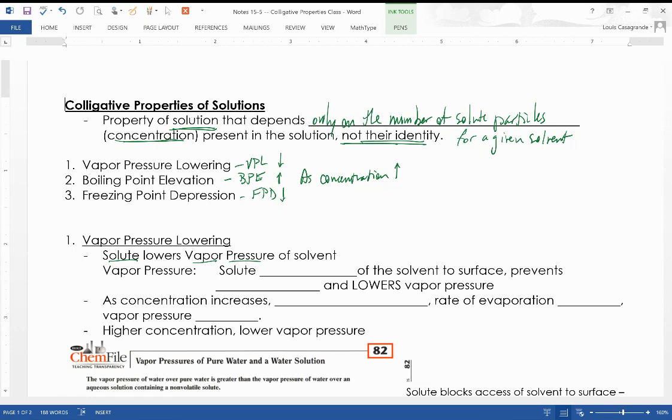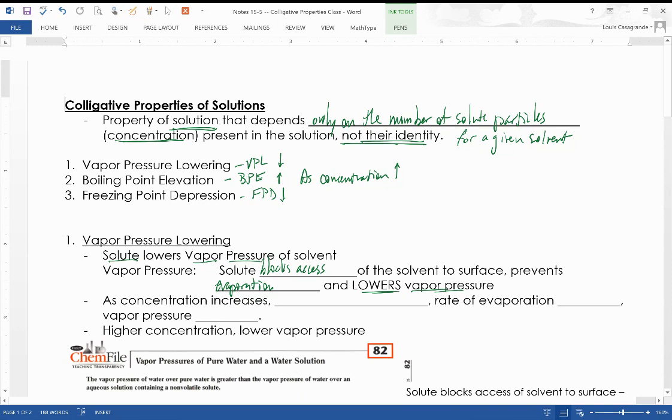So what the solute does is it blocks the access of the solvent to the surface, and it prevents evaporation. It's basically slowing down that rate of evaporation. Okay, so as it slows down that rate of evaporation, the vapor pressure is going to go down.